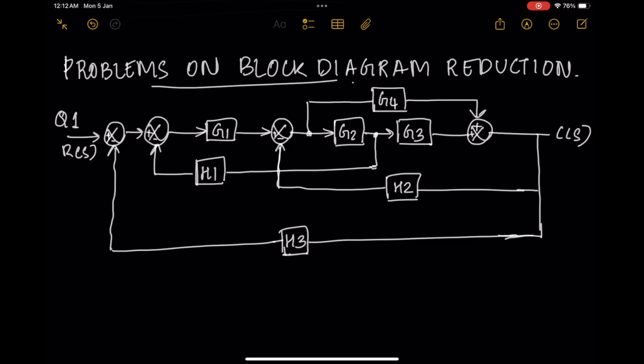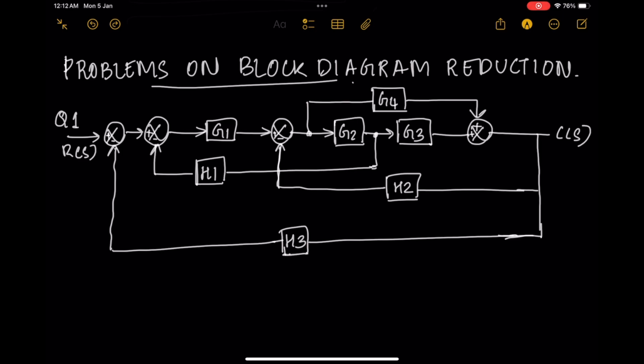So I have a parallel path, G4, over here. Okay. And when it comes to loops, we'll start with the innermost loop. We have H2 as the innermost loop. It is going like this. Okay, it is a loop, the innermost loop.